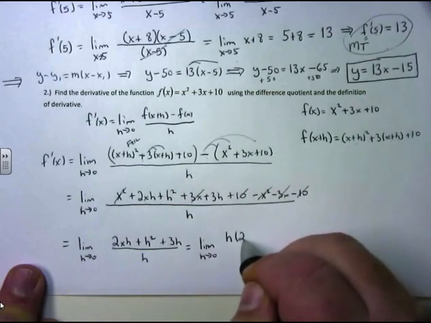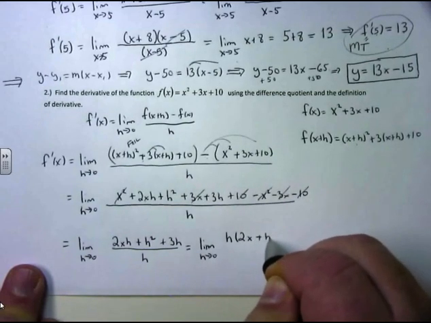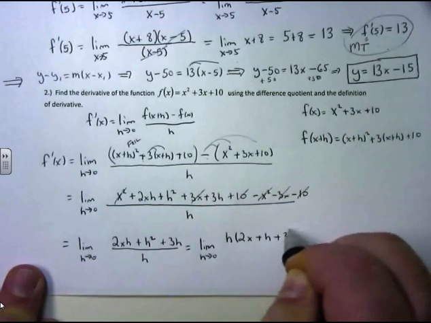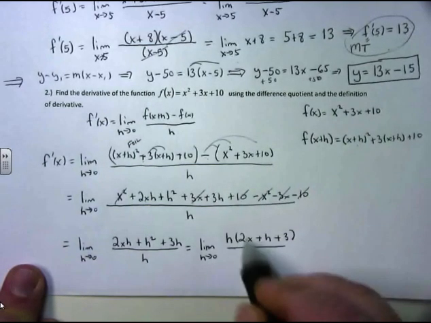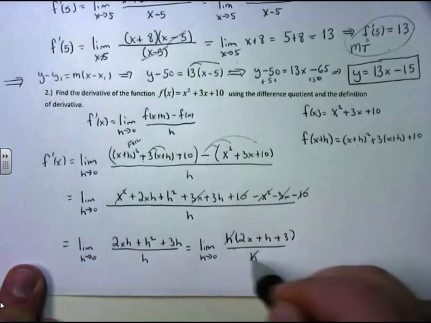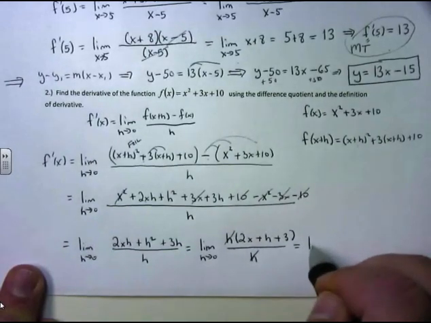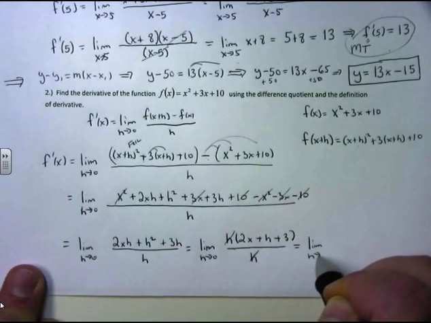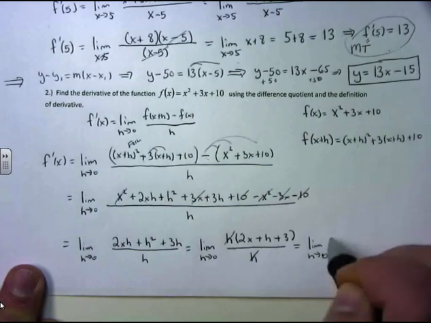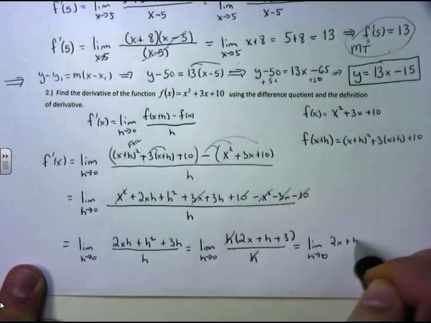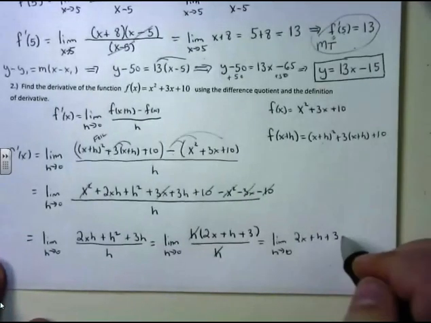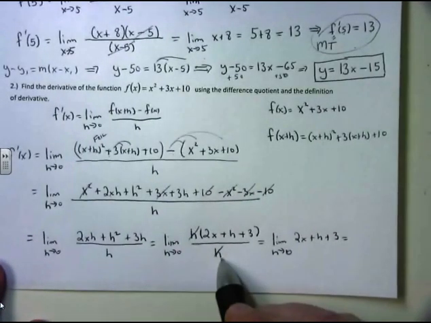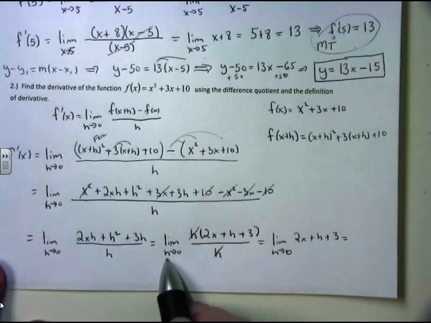That would leave me with 2x plus h plus 3 all over h. Now strict multiplication and division, now the h's cancel. So this is equal to the limit as h approaches 0 of 2x plus h plus 3. Once you cancel out the h's, then you take the limit as h goes to 0.